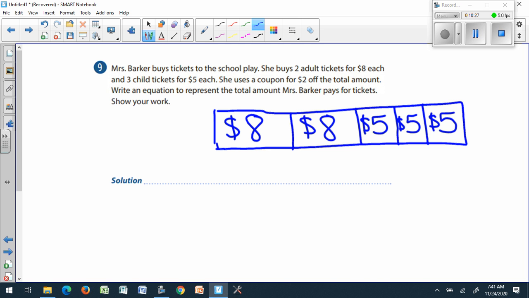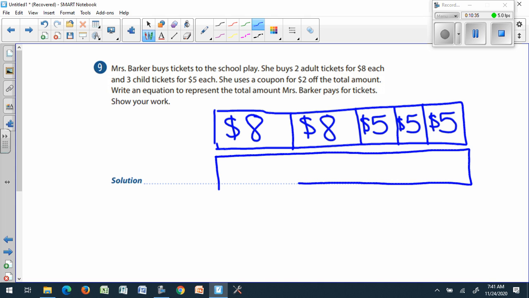But because I have that $2, I'm going to need to do another box down here, okay? This little guy is going to represent the $2 that I'm taking off. The rest of this is going to be how much that is.